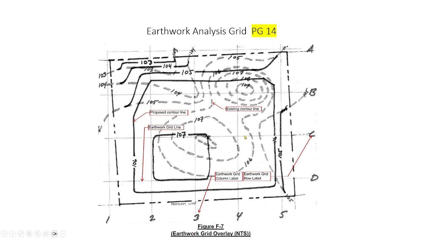For proposed grade, this would probably be, gosh, that's really close to halfway. So it'd probably be 106.5, give or take. It's a little bit closer to the 107 than it is the 106, but I'm going to say that would be 106.5.